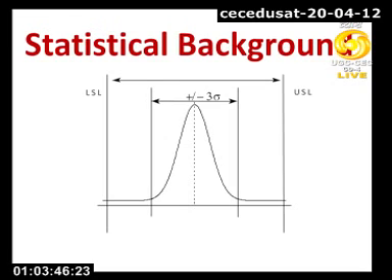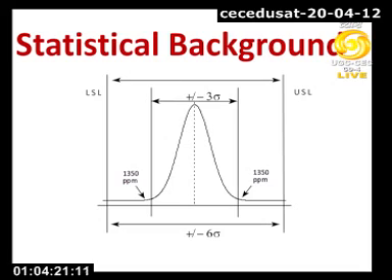And now I have specified the lower specified limit as well as the upper specified limit on this graph, and these limits are given by the customer, and the process limits are given by plus minus 3 sigma limits. Now, the lower specified limit and upper specified limit cover plus minus 6 sigma, whereas the process covers only plus minus 3 sigma.